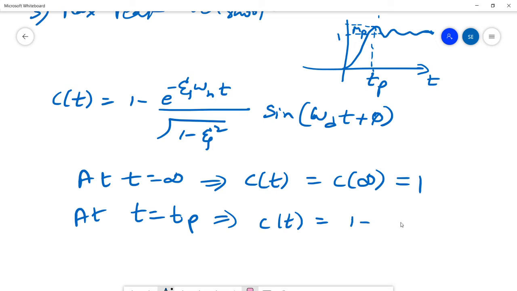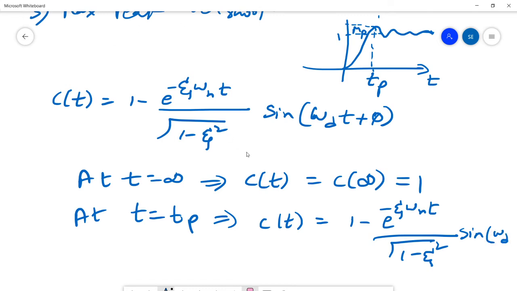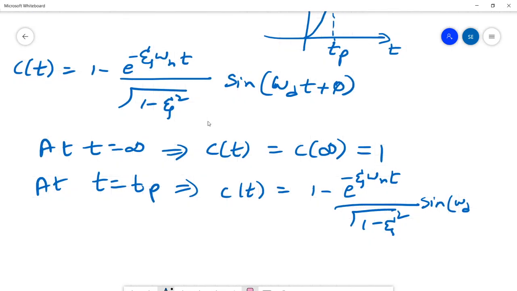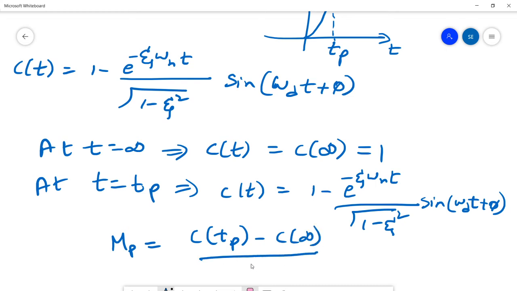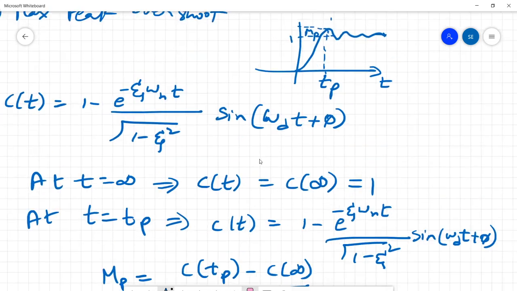That is 1 minus e power minus zeta omega n t divided by root of 1 minus zeta square, sine of omega d t plus phi. Now maximum peak overshoot is c of Tp minus c of infinity divided by c of infinity. So maximum peak overshoot is calculated this way.